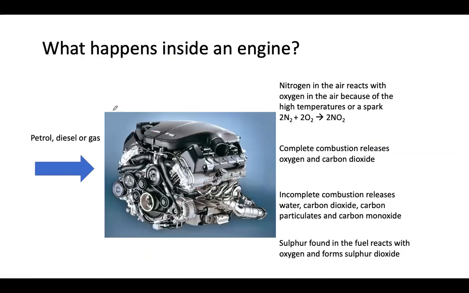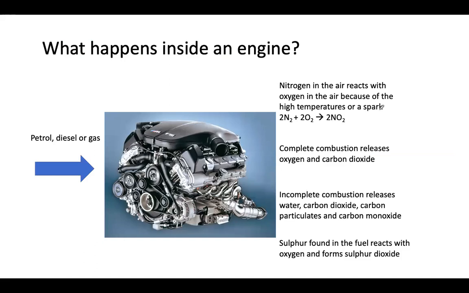So lots of things happen inside engines or factories that cause atmospheric pollutants. Our fossil fuel goes in: petrol, diesel, or gases. This reacts with oxygen. It's an exothermic reaction, so the temperature gets very, very hot.